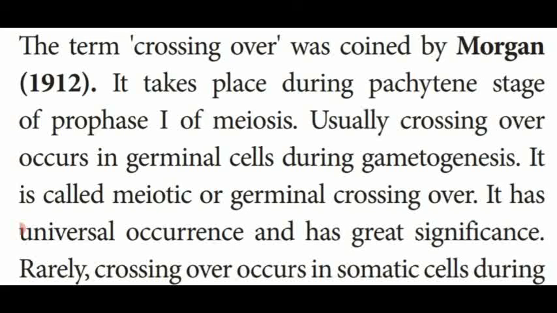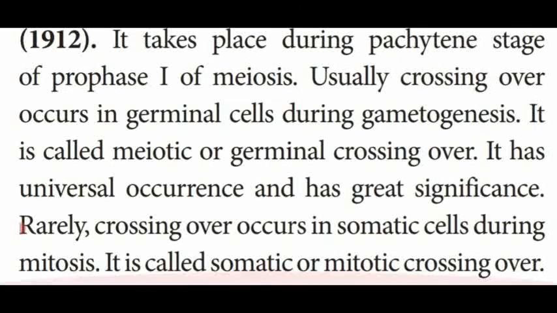So at the time of the gametogenesis process only, this crossing over occurs in germinal cells. So it is called meiotic or germinal crossing over. So this crossing over has a great significance.